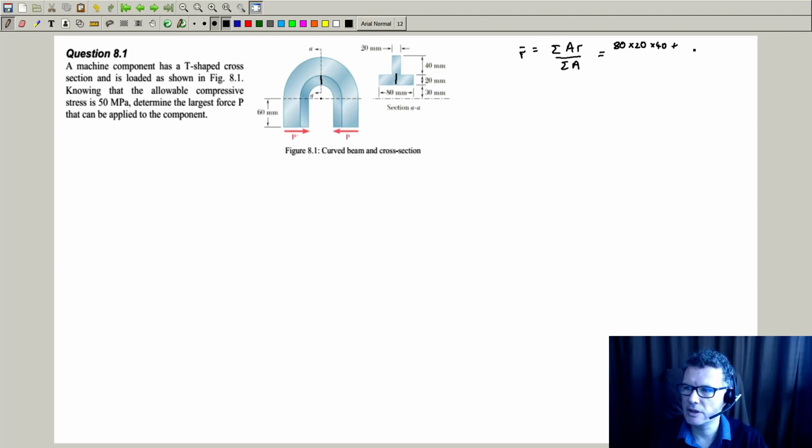Next one is going to be a width of 20 times 40. And so we've got half of 40, which is 20, plus 20 and 30, so we've got 50 there. So I make that 70.